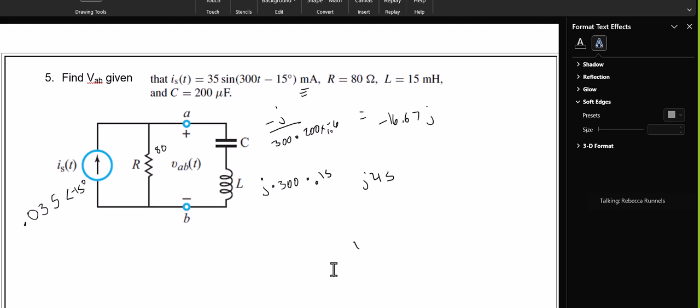And so what I want to do is take 0.035 angle negative 15 times 80. Shouldn't you use the cosine? Oh, I should. 300 minus 105 degrees. Or am I supposed to add 90? You subtract 90.